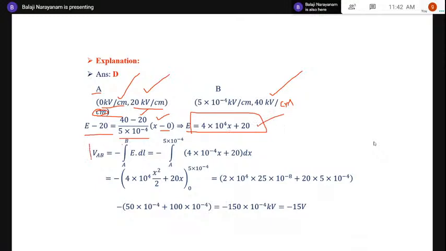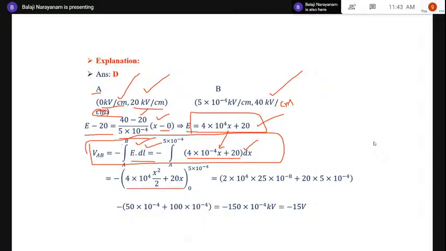We may use the concept of VAB equal to integral E dot dl. The electric field intensity, which we just computed as 4 into 10 power 4 x plus 20, may be substituted here. In place of dl bar, we may substitute dx.